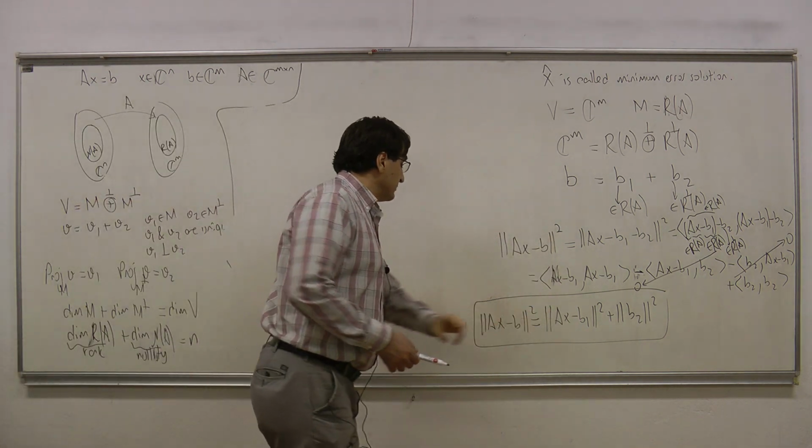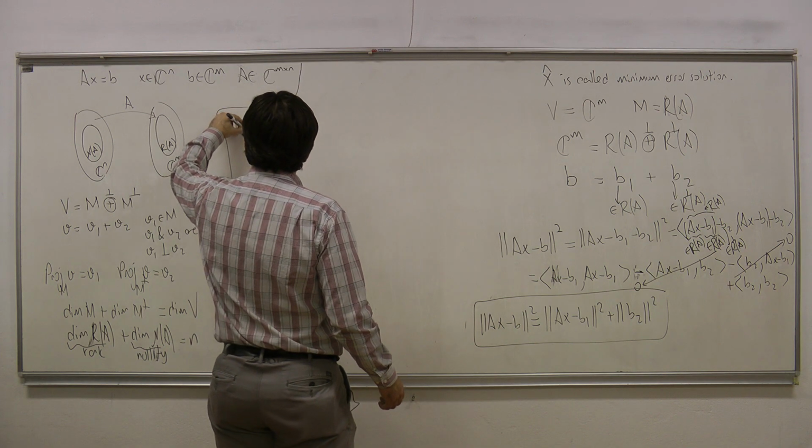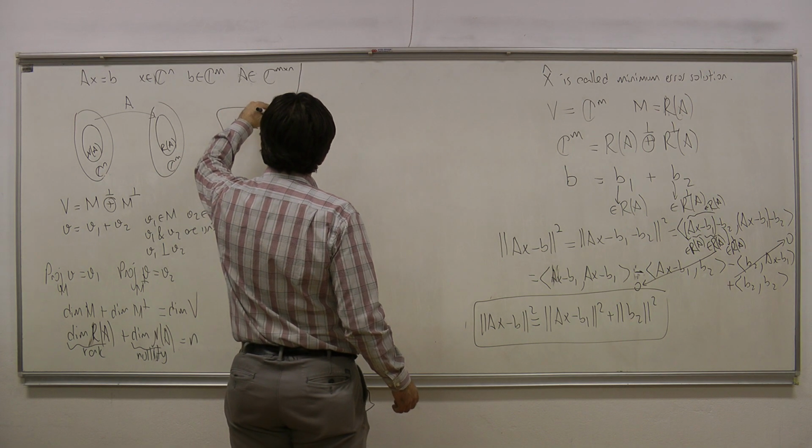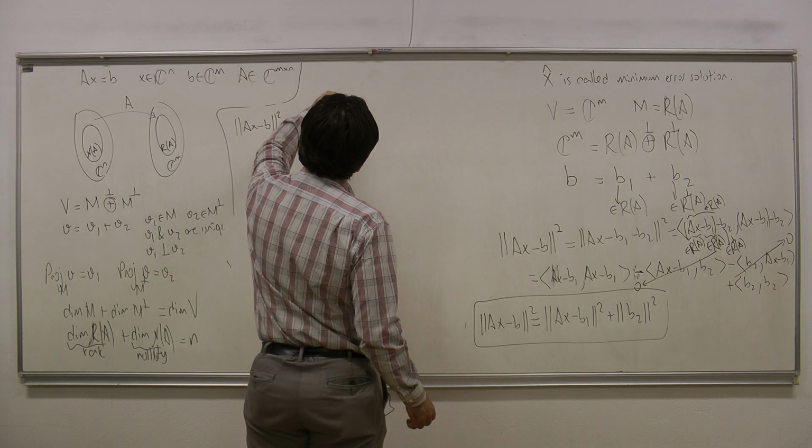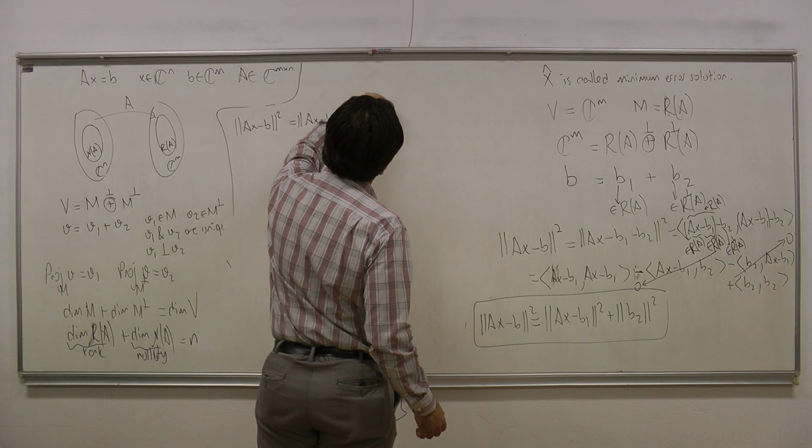So now I would like to minimize this. I have ax minus b square equal to ax minus b1 square plus b2 square.